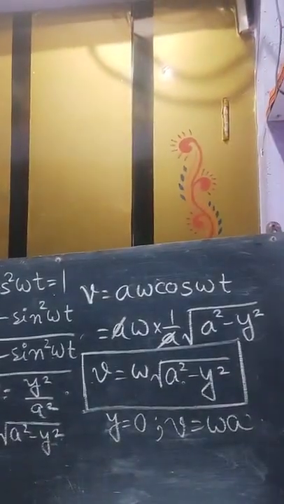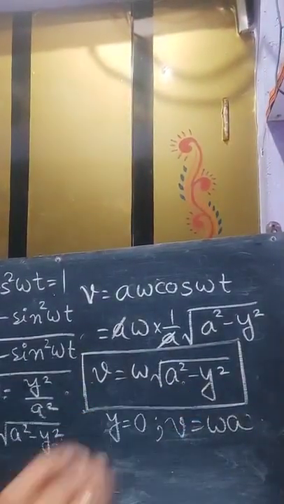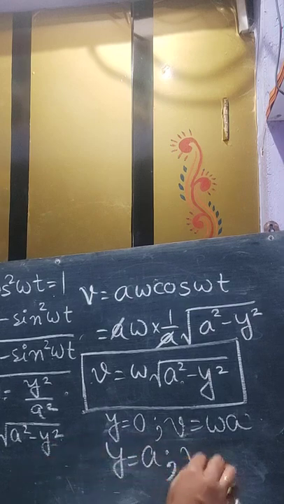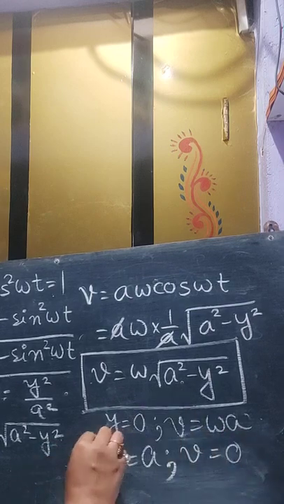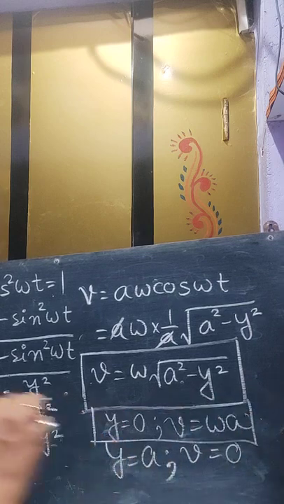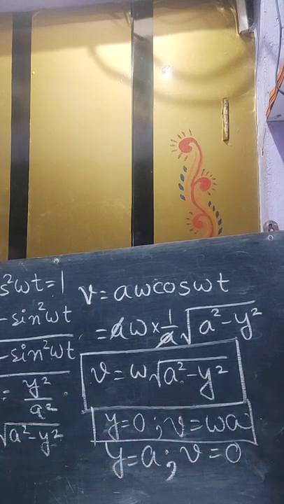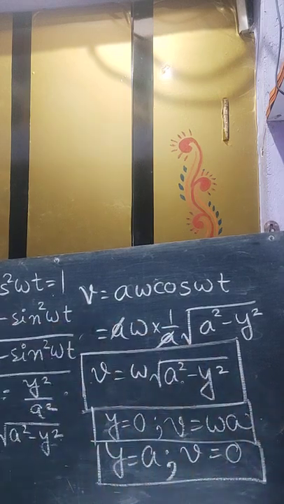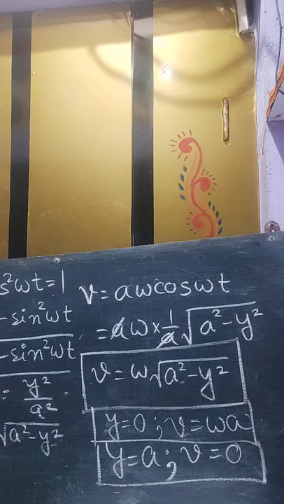Now, what will the velocity be if y becomes a? If y becomes a, then the velocity will be 0. So, this is the condition for maximum velocity and this is the condition for minimum velocity. Okay, hopefully it is clear to all.